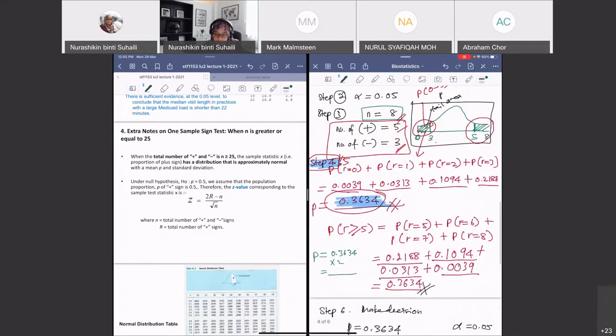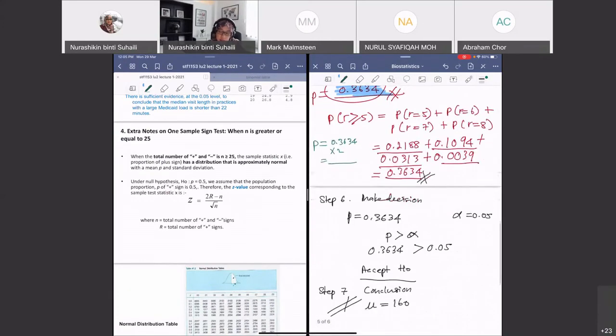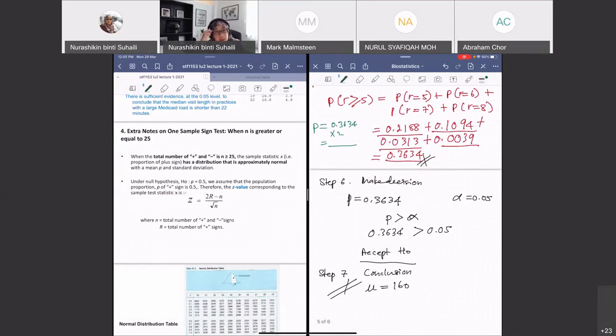The n was just 8. The n refers to the number of positive and negative signs. So when the n is greater than 25, the difference is that you have to use the normal distribution in order to determine the probability or the area under the curve.